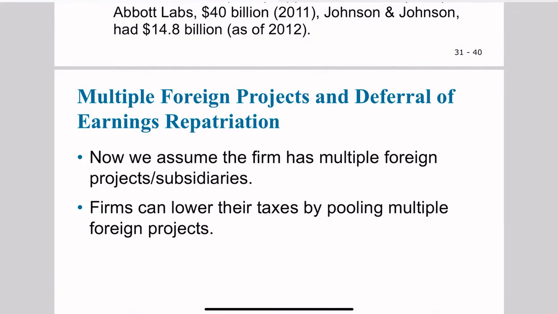So this is sort of like this portfolio effect, right? In some foreign countries, you pay higher tax, and in some foreign countries, you pay lower tax. And then the difference in these taxes can offset with each other if you pool your incomes from these multiple countries.